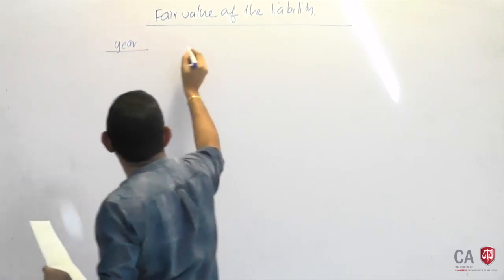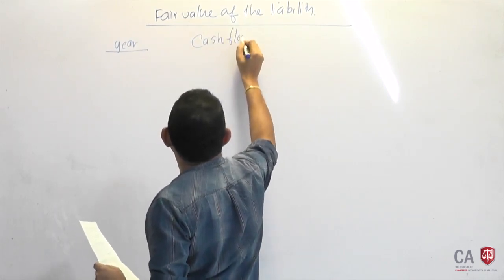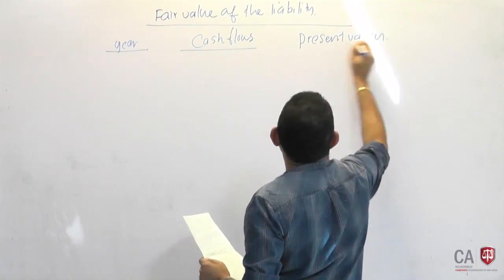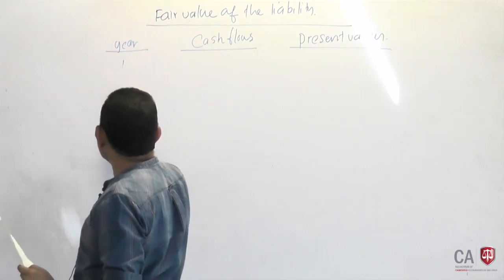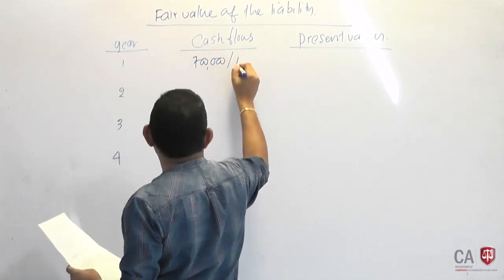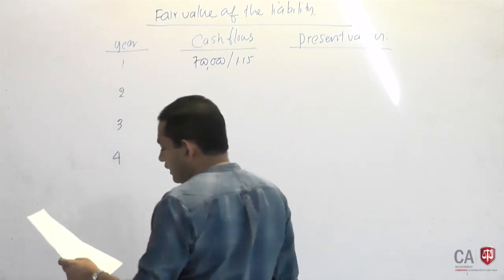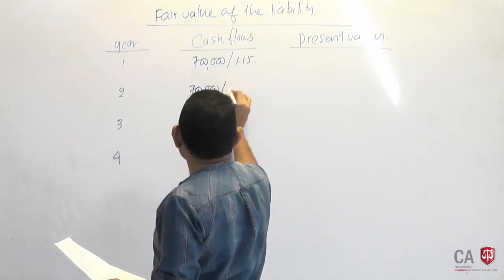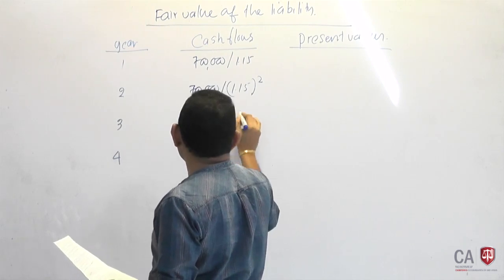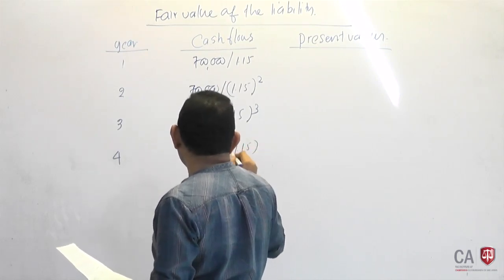Here, cash flows, present values, first year end, second year end, third year end, fourth year end. 700,000 divided by 1.15, to take the fair value you discount the future cash flows by the market interest rate. 700,000 divided by 1.15 to the power 2. 700,000 divided by 1.15 to the power 3, 7.7 should be paid at the end, 1.15 to the power 4.